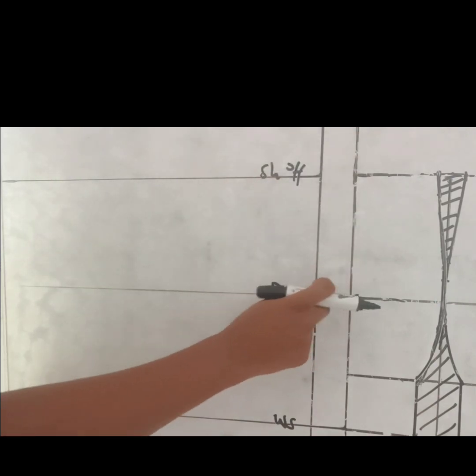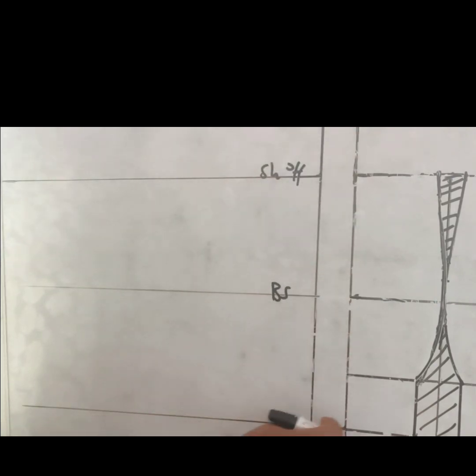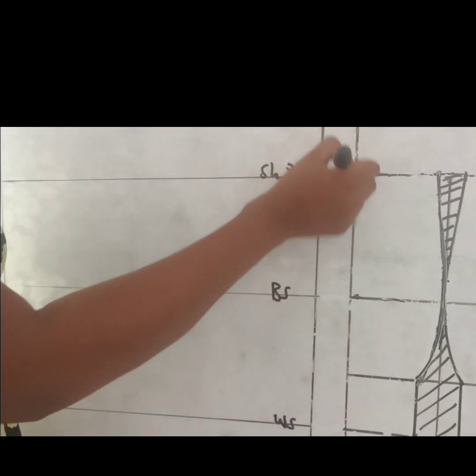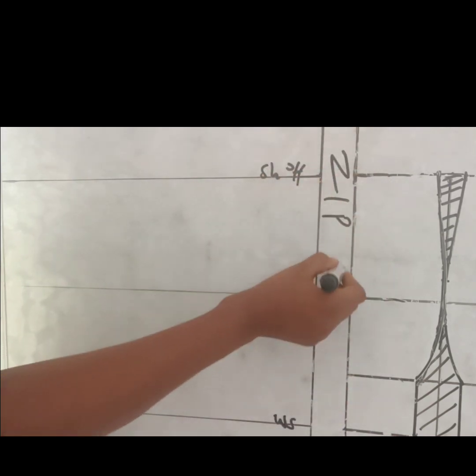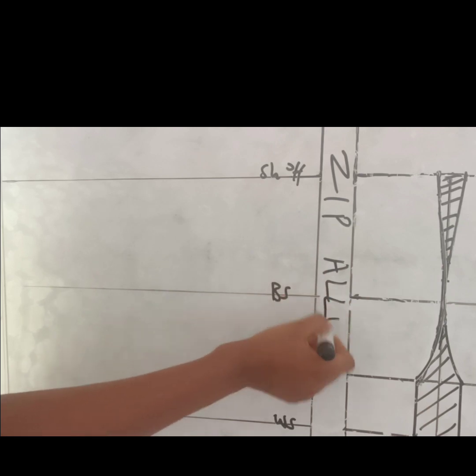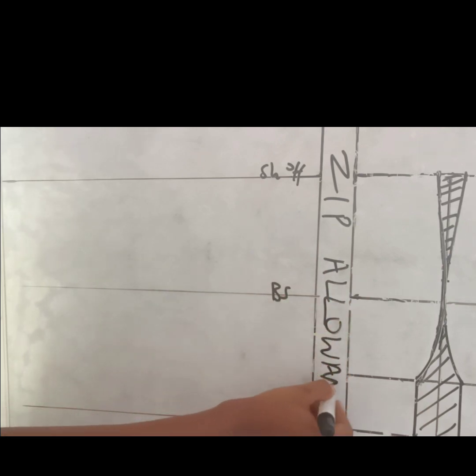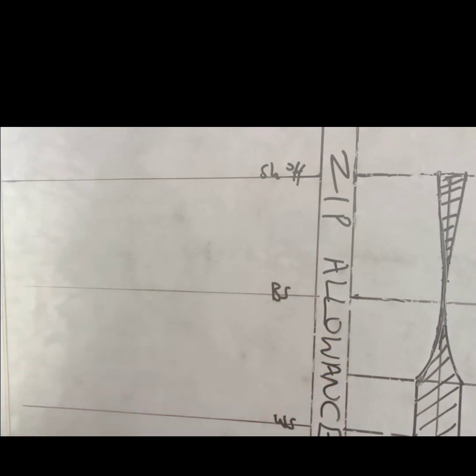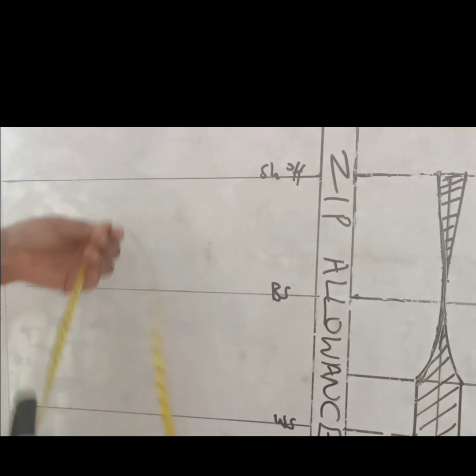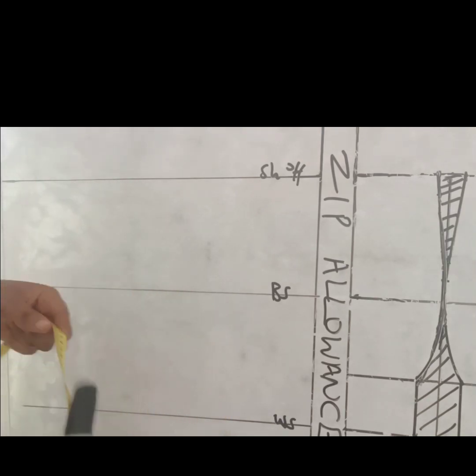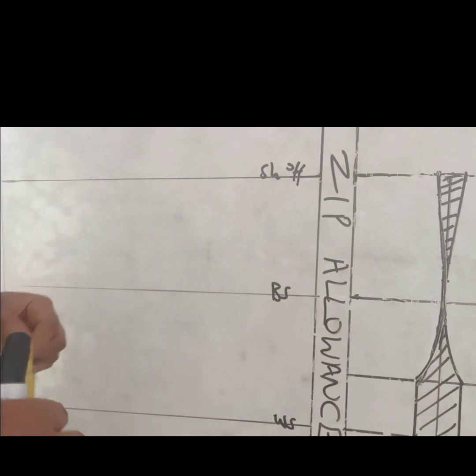This part here is our zipper allowance. We need the zipper allowance of at least 2 inches. Some use 1.5. So this is our zipper allowance. So the across chest you are working with is 17 divided by 2 minus 2, which is 6.5.